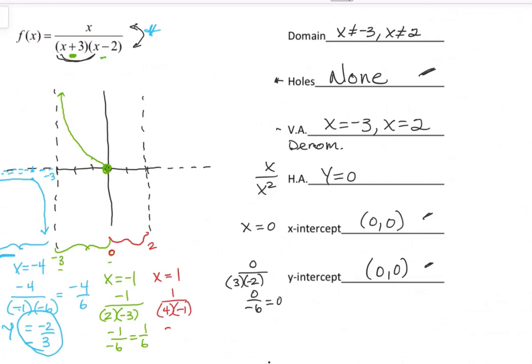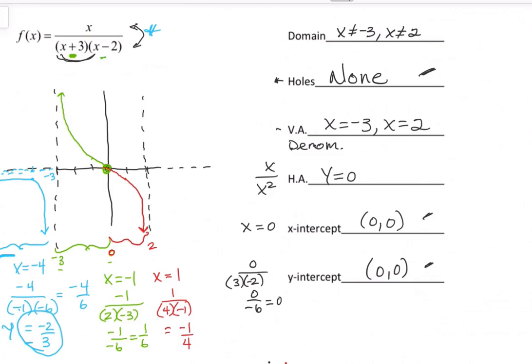I'm going to end up with a y value of -1/4. So if I plot 1, -1/4, that's going to be below the x-axis. So that means my graph continues on down below the x-axis. All I need is that one point to tell me where to draw my branch.